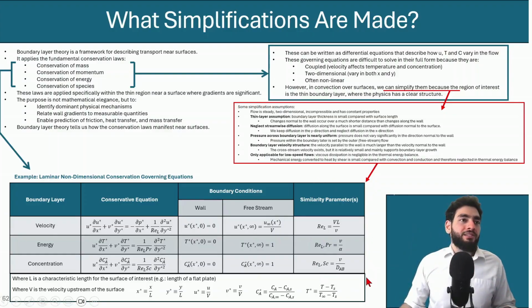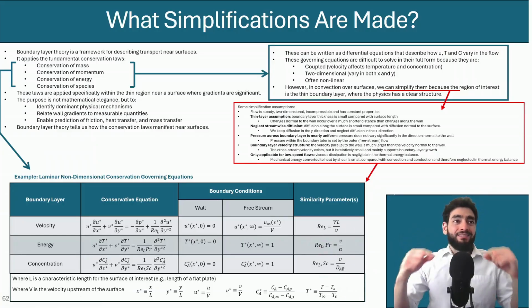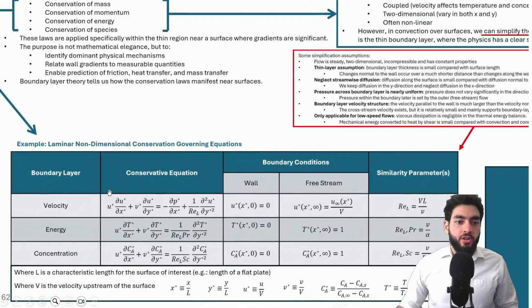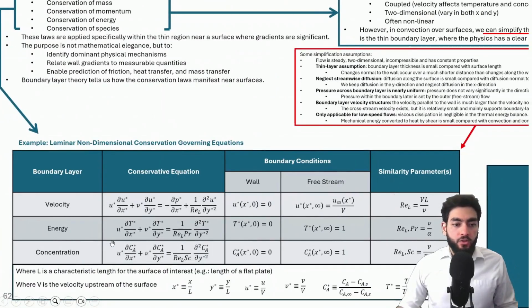These similarity parameters are non-dimensional parameters that we get to see from the equations themselves once we start non-dimensionalizing them. So let's look at this table and try to understand what is going on.